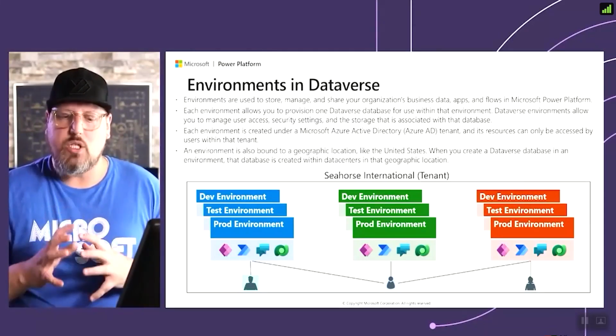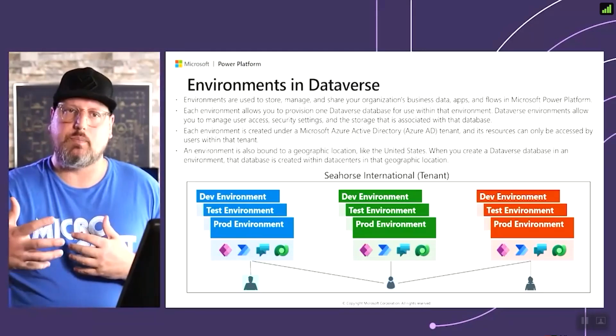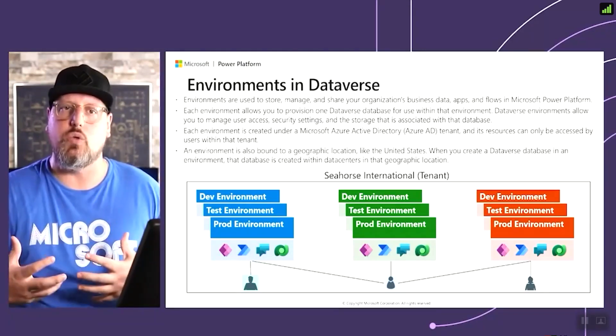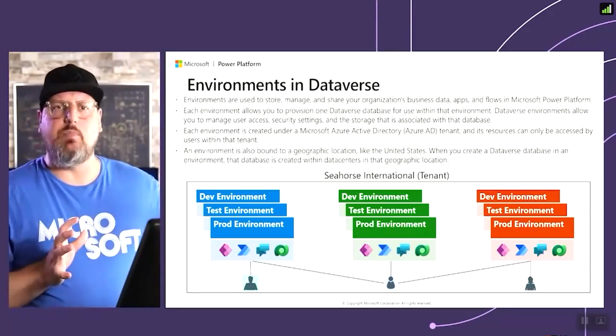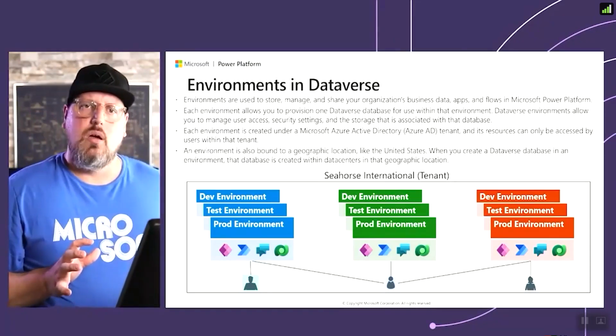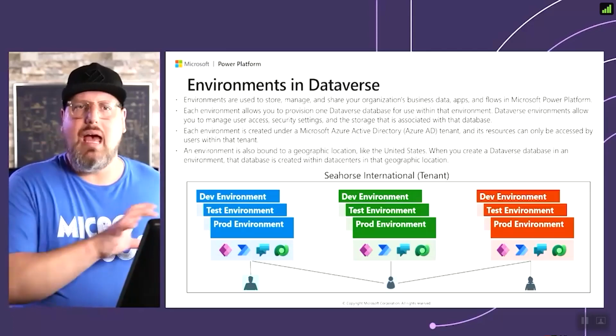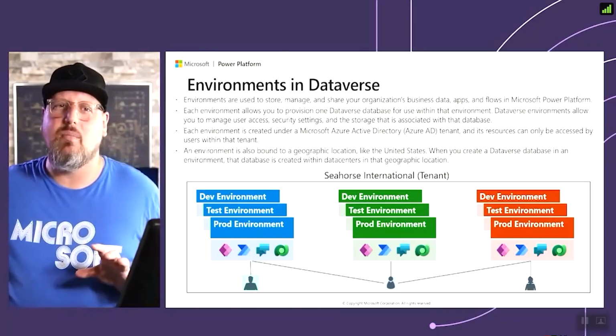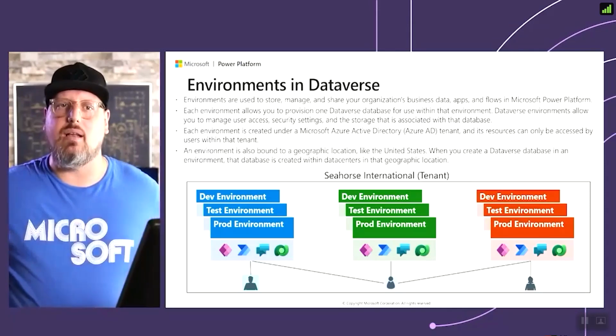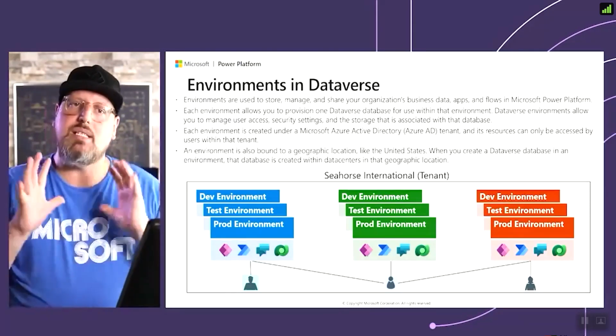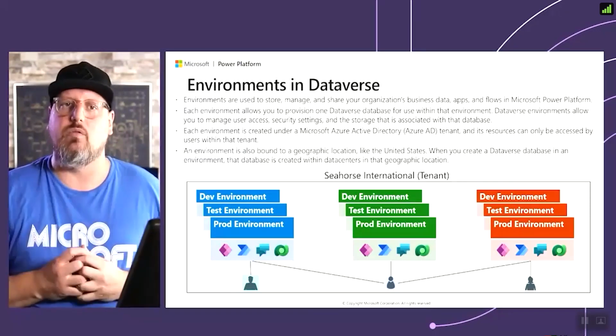And once you've created an environment, you can also choose who will have access to it. My salespeople from the US will be in the US environment. They have no business being in my Asian environment. So you can segregate that very specifically. So this is the geographical aspect of your environment.